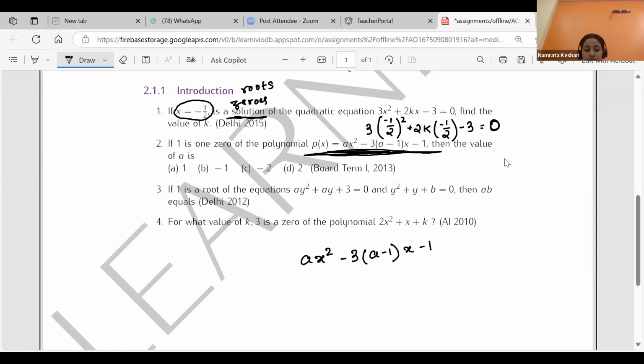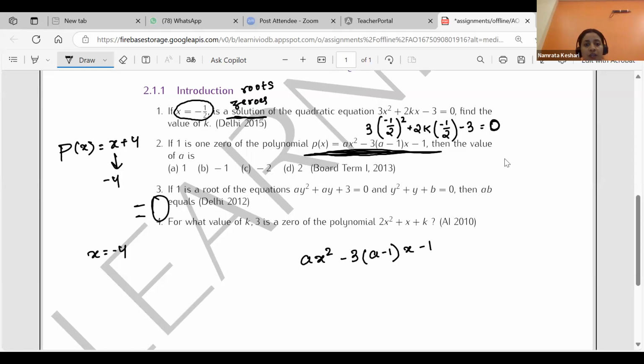Okay. So here it says that if 1 is one of the zeros, then the value of a. Zero means what? One of the examples I have given was p(x) is x plus 4 and you said that x equals minus 4 is the zero. You both said that, yes, you understand that zero means once we substitute this value, the result will be zero. Yes or no?